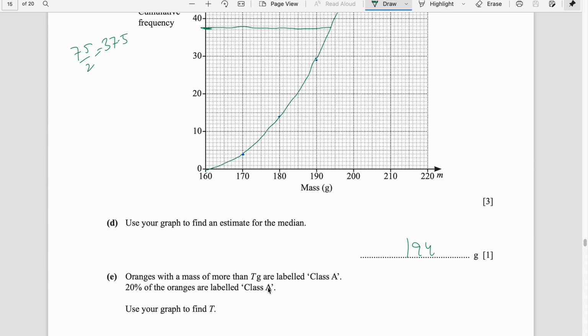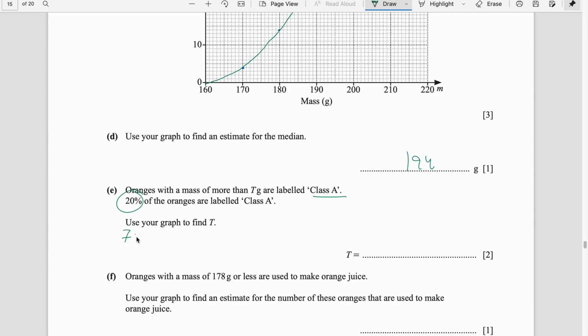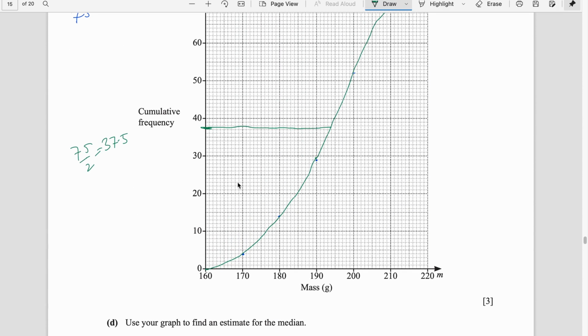Oranges with masses more than t grams are labeled class A. 20% of the oranges are labeled class A. So if 20% are labeled, 20% of 75 is 15. So these are those 15 which are having a mass of more than this. So 15 out of 75, the top 15 is at 60th level.